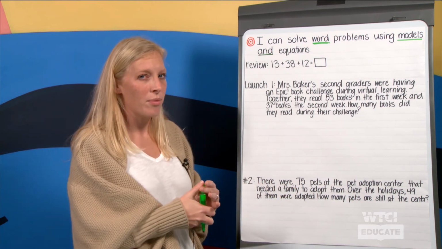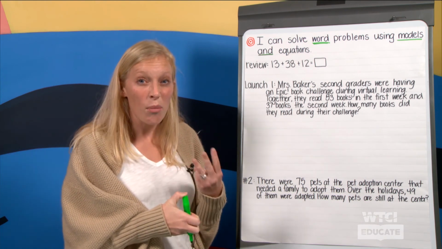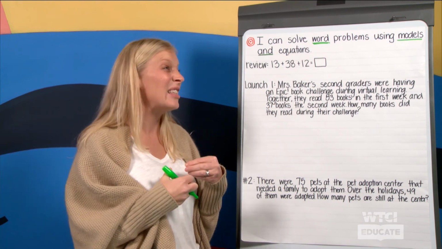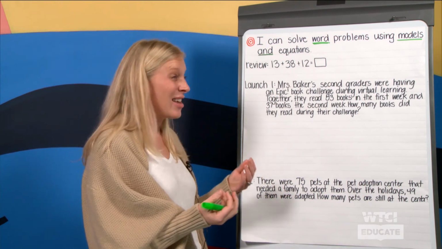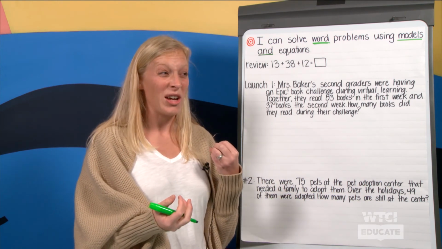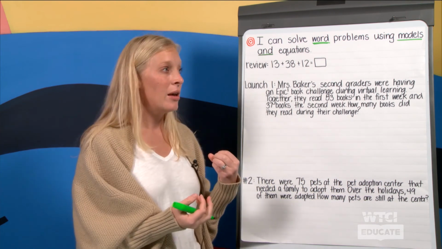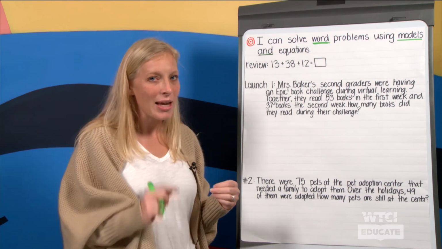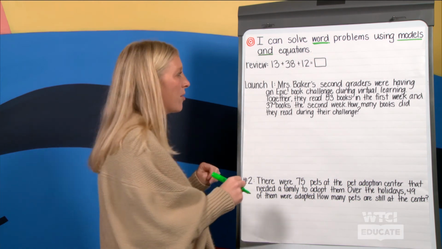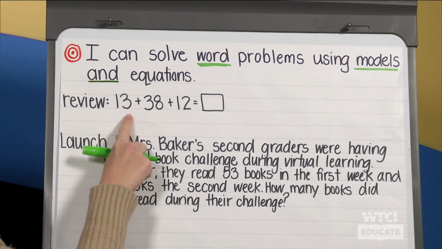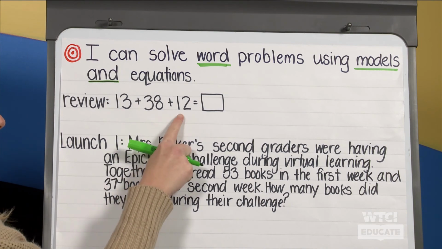We're going to warm up with one of those, several two-digit numbers in an equation. Yesterday we were solving equations that had 3 addends and 4 addends. And I gave you a challenge to think about yesterday. And the equation we left with was 13 plus 38 plus 12.